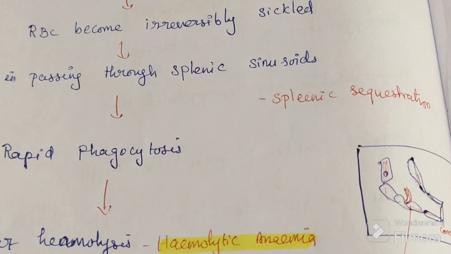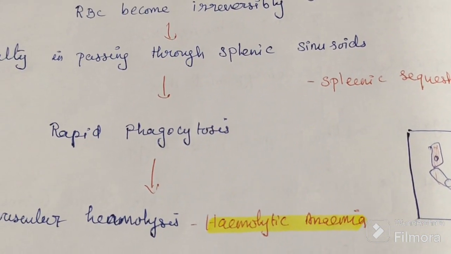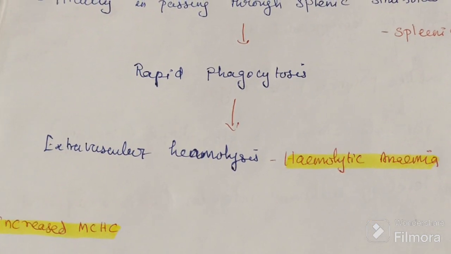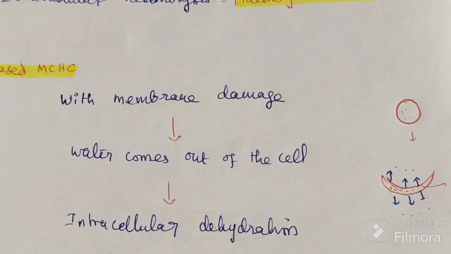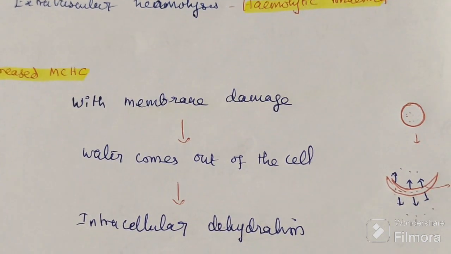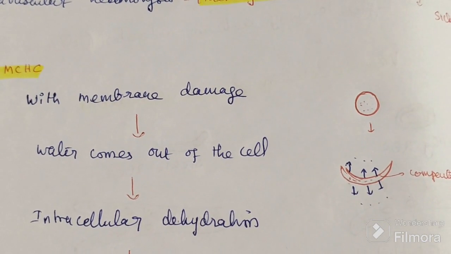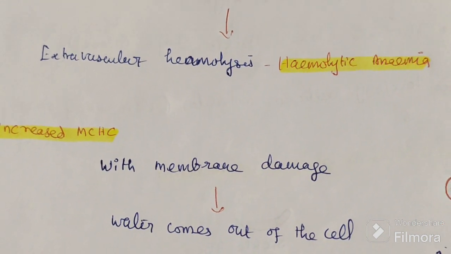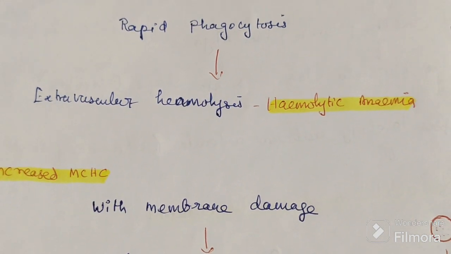So that abnormal sickle shaped RBC undergoes hemolysis. Since the hemolysis takes place in the spleen, not in the blood vessels, it is extravascular hemolysis, and it leads to hemolytic anemia. So that patient presents with all the symptoms of anemia like fatigue, lethargy, lack of energy.